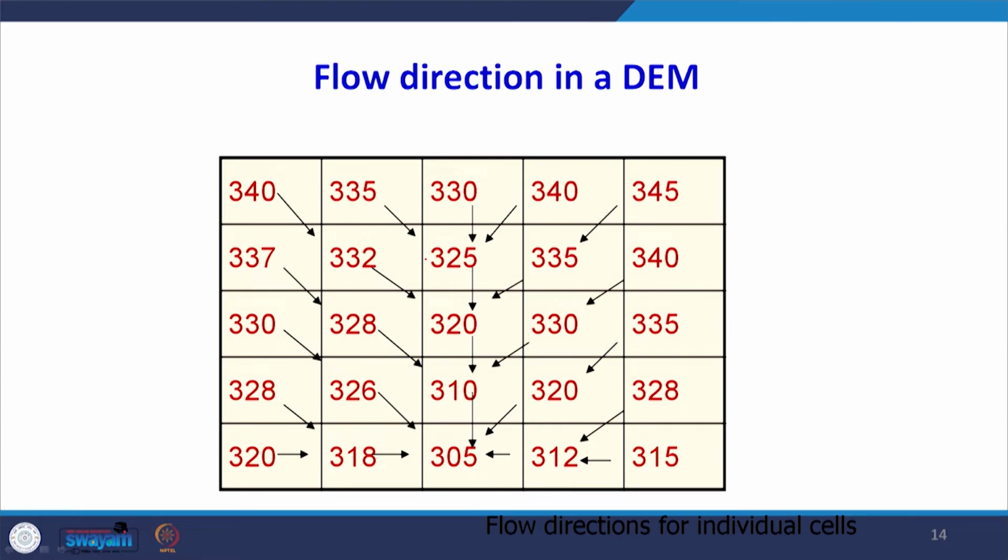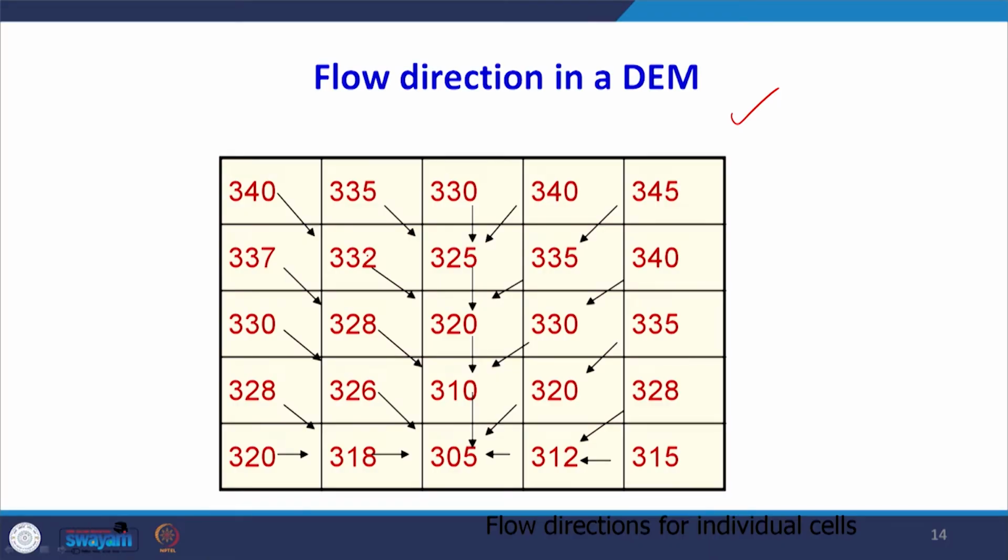So once we carry out this study pixel by pixel for every pixel, then we have this kind of a flow direction map. This flow direction map is indicating that if we take the first cell, where the water would go from the first cell.